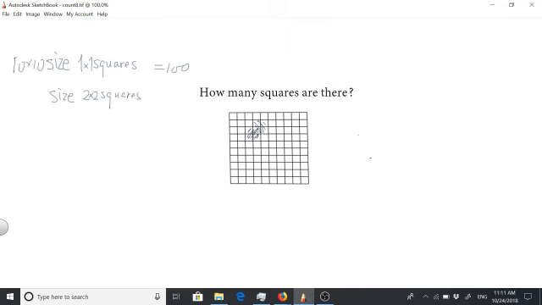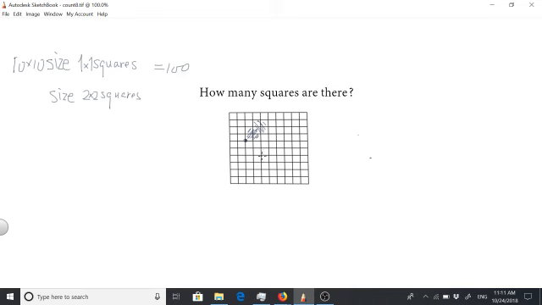Here the key trick is, instead of counting the square itself, we'll count a vertex of the square. In particular, what we're going to count is this point, the lower left corner of the square.